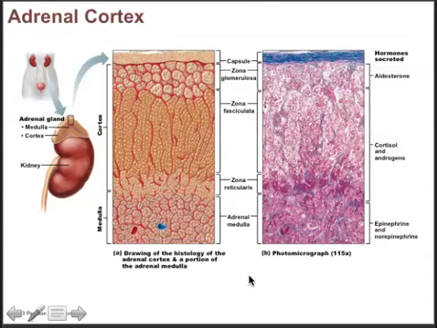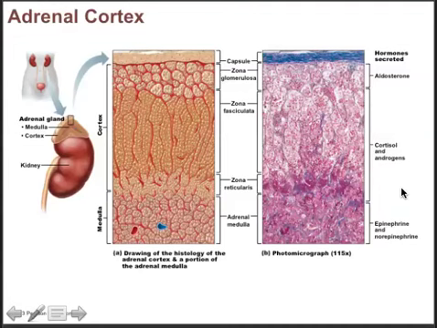You can see in this panel here on the right the actual histological section through the organ. So you can pick up here the capsule and the glomerulosa, the fasciculata and the reticularis, and then down here the medulla. Notice that they have distinct morphological differences.